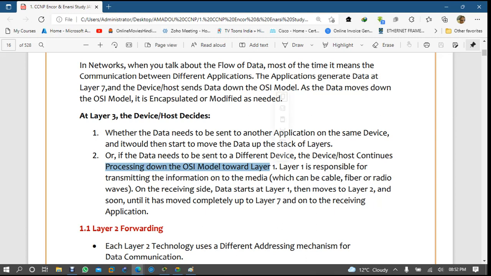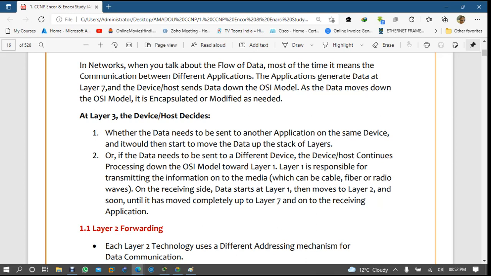It doesn't mean that in the same computer, using different applications, sending data from one application to another will follow the OSI reference process. Yes, it will follow some kind of process, but not your OSI reference process.